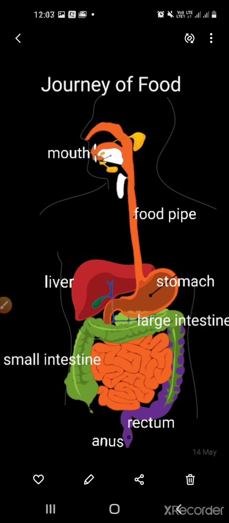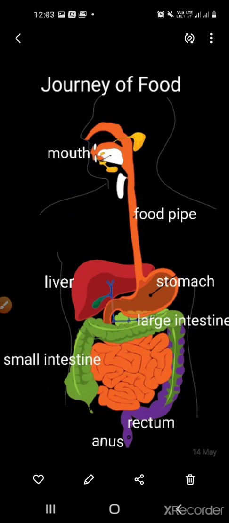So we have learned about food. We should take a balanced diet regularly, daily. This is a very good food habit. And then journey of food, that we have to learn about the journey of food through the digestive system of the human body.